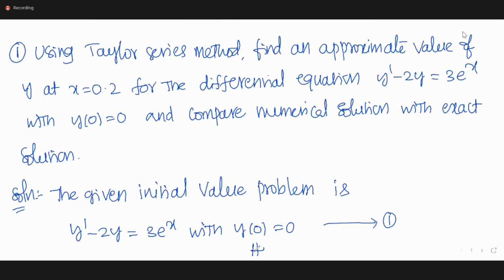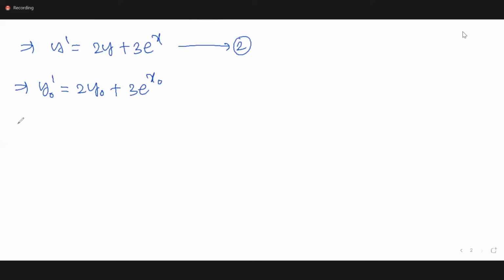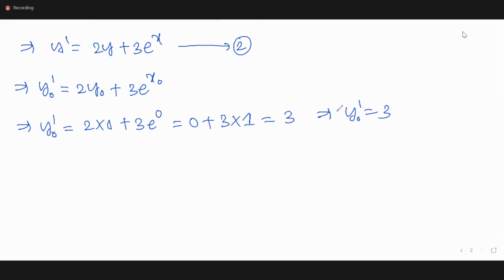Here x naught is equal to 0, y naught is equal to 0. So y naught dash is equal to 2 into 0 plus 3 e power 0, that is 3 into 1, that is 3. So y naught dash is equal to 3.